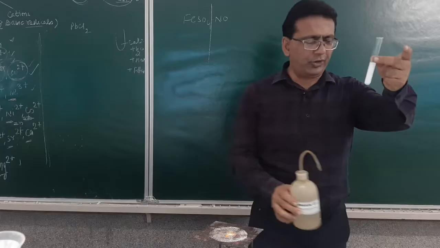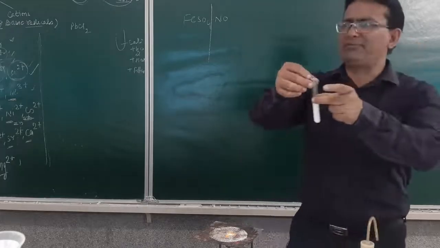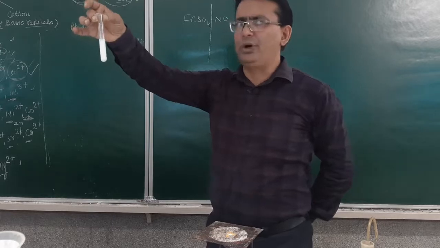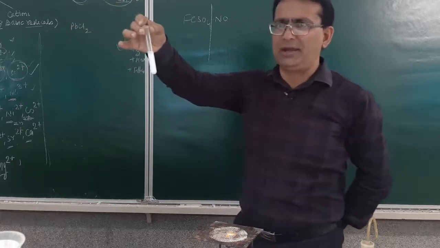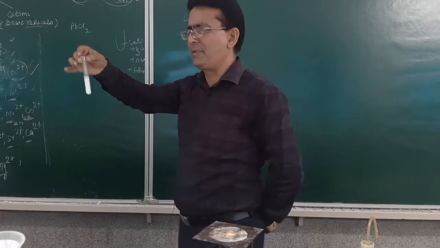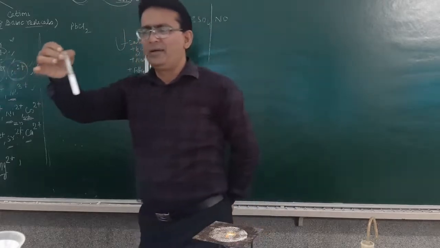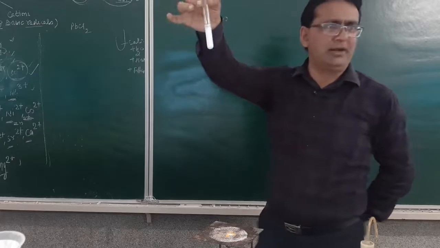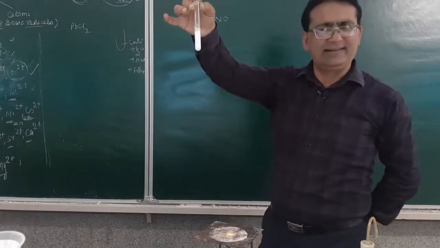Is the white coloration, or the white precipitate, obtained over here? Yes. I expect all of you know the difference between a precipitate and a clear solution. I hope you must be knowing. So you can see over here, the precipitates are settling.